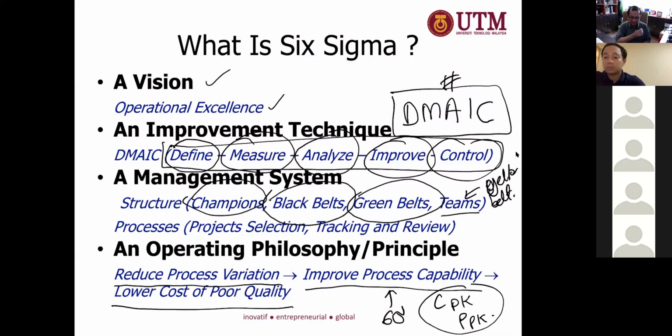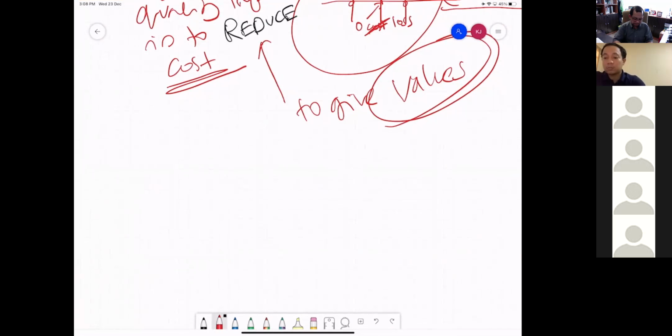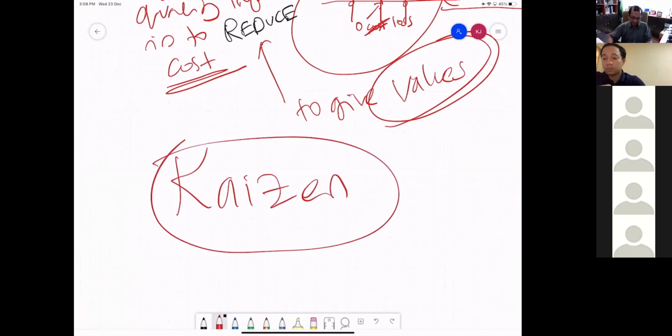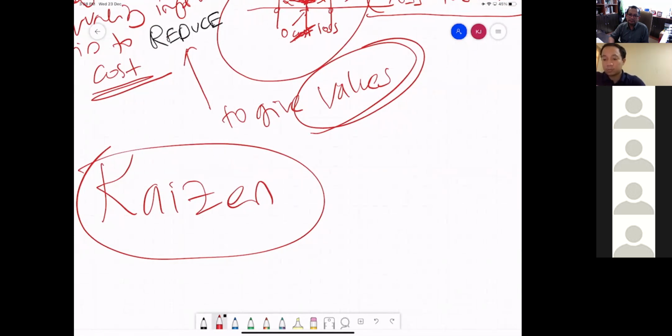Even Kaizen activity, Kaizen. We attended a training in Nagoya, in Toyota. And then the sensei gave us a problem to solve with Kaizen.